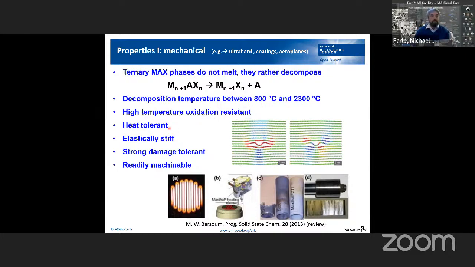They are heat tolerant, that means also oxidation resistant. They are elastically stiff, with counterintuitive behaviors. They are ceramics, but on the other hand, they are electrically conducting and mechanically machinable. So you could call that a wonder material, but we understand it better. And as we all know, there are no wonders in physics until we understand them.